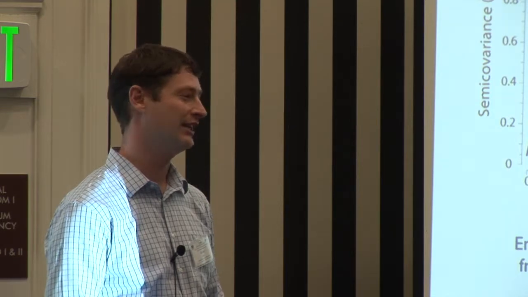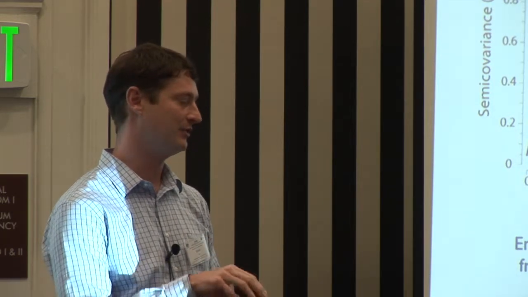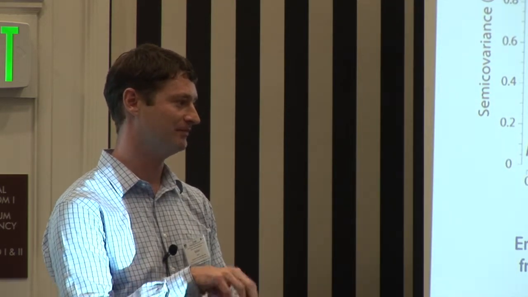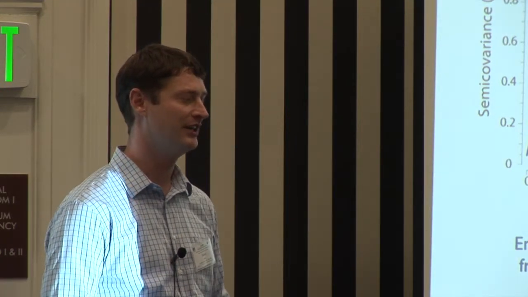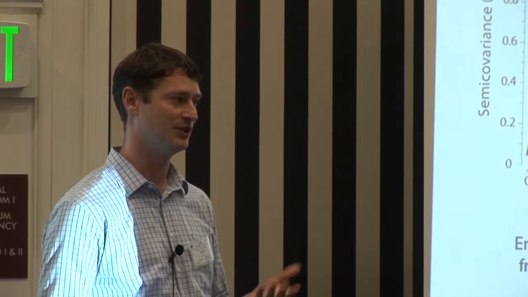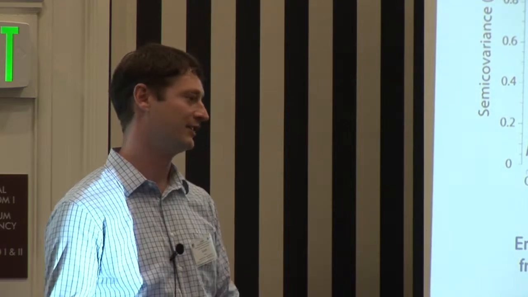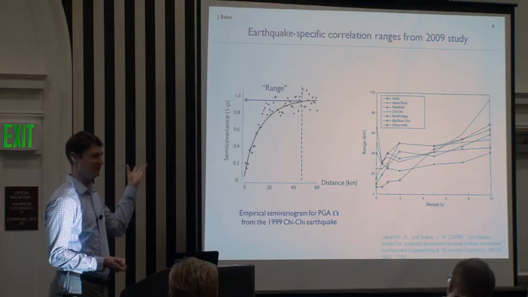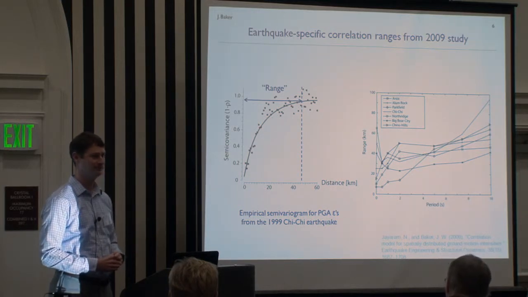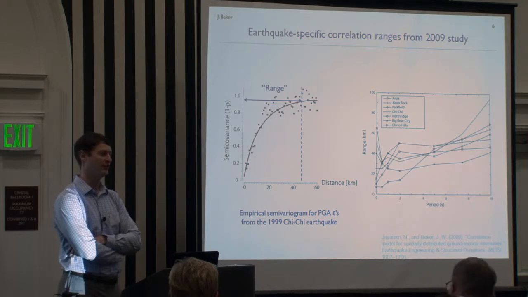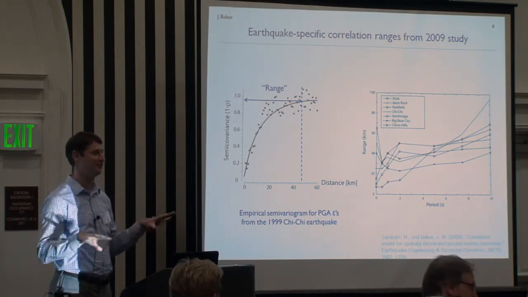We tried rerunning that, and it only makes a difference when you've got an event that was recorded at relatively small spatial extent. Once you've got well separated stations, it goes away. But it did push down the taus and push up the phis a little bit. Some of what looks like an event term could potentially be spatially correlated single station terms. It wasn't a strong effect, but maybe more relevant for portfolio loss modeling.